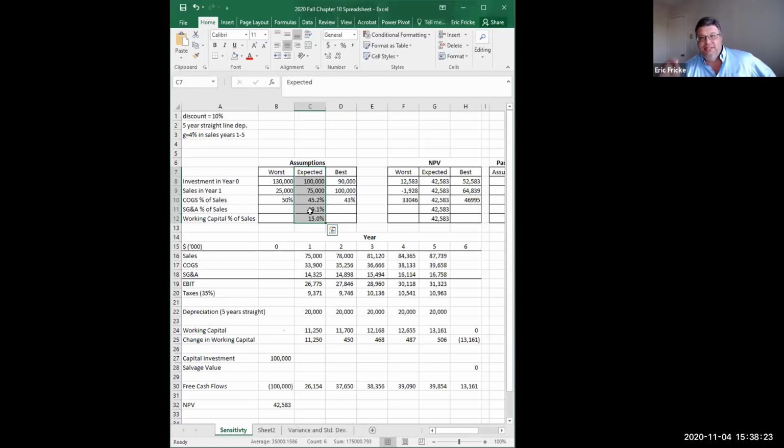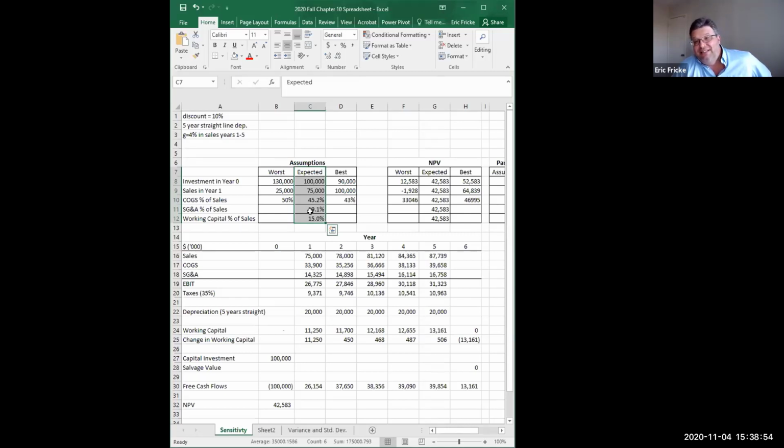Now, this is where sensitivity analysis comes in. Then we decide a worst case and best case for each of those assumptions. And that worst case and best case, I don't have an exact formula for where to come up with those numbers, but it's based on experience, and it's going to be based on interviewing and talking to people who have the experience at building buildings or certain investments that you want to make.